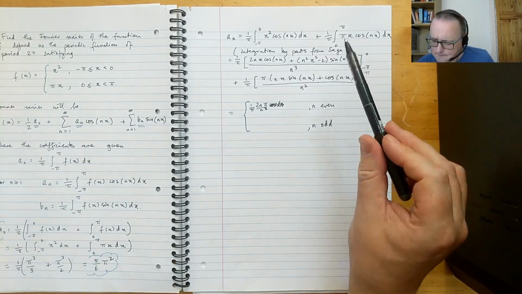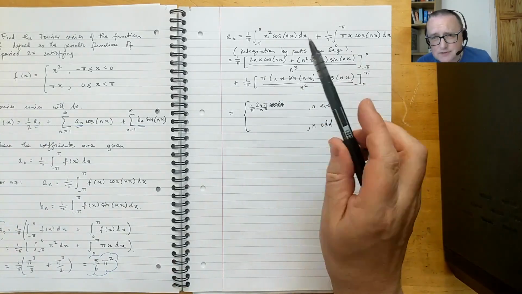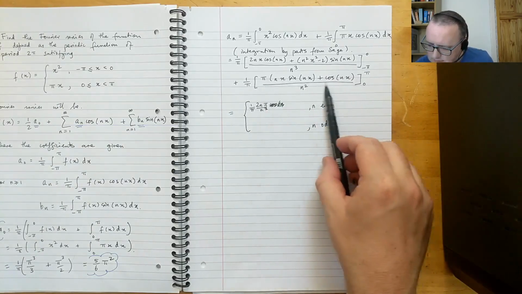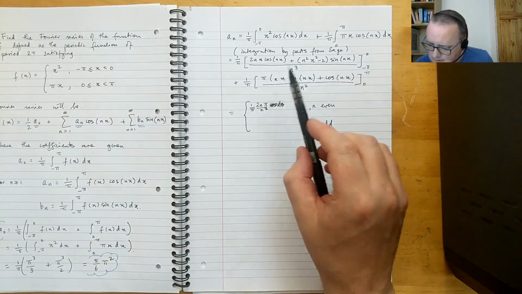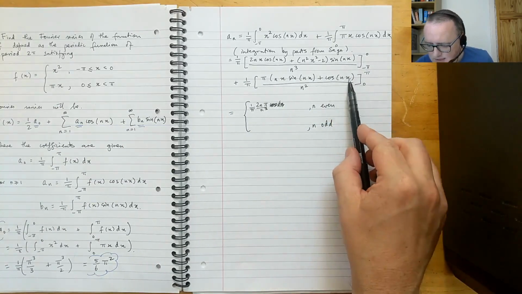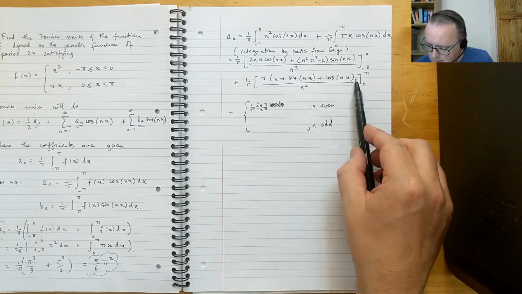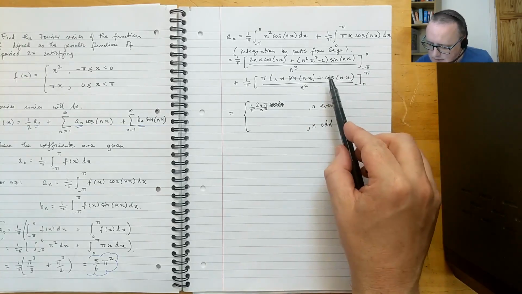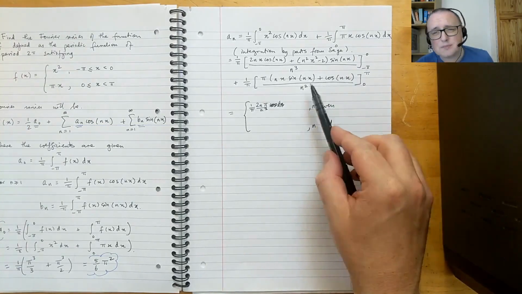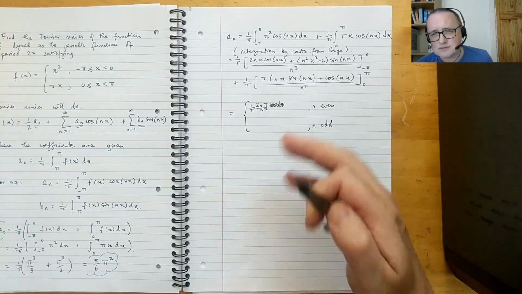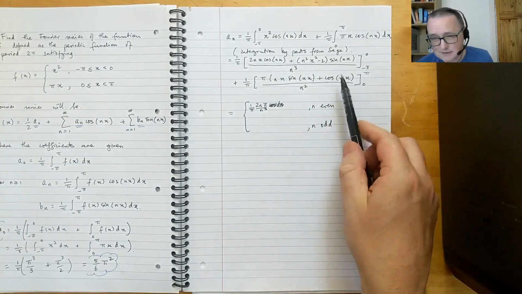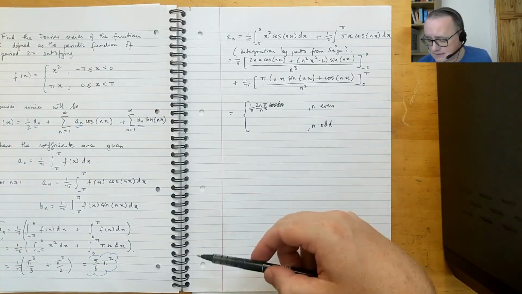Now, that's just from the first integral. When n is even and you come down here and look at the second integral, does that contribute anything? Well, the sines won't, because they're always 0. Cosine of nx might contribute something. But when n is even, cosine of an even multiple of pi is going to give us a plus 1. Then we're going to be subtracting cosine of 0, which is subtracting 1. So you have a plus 1 minus 1, so it'll cancel itself out.